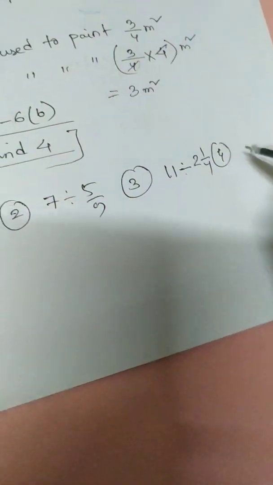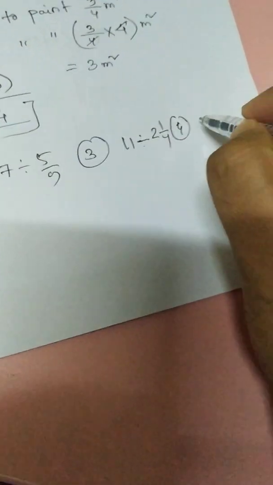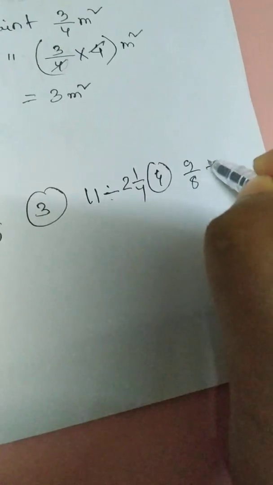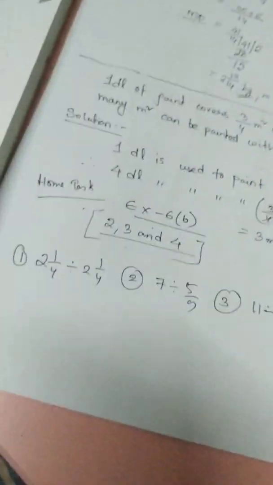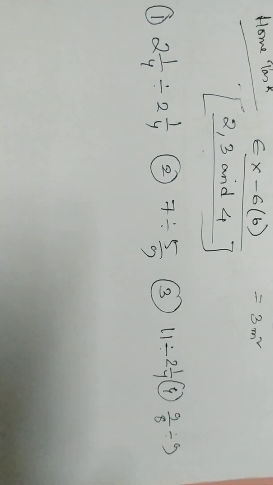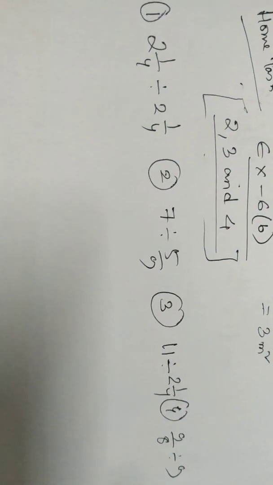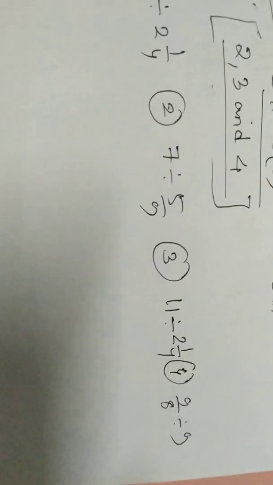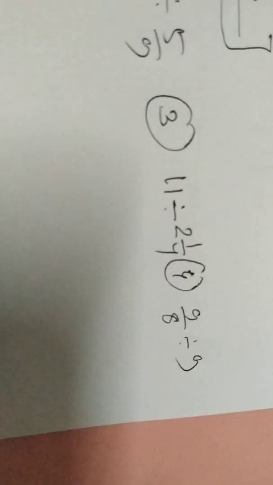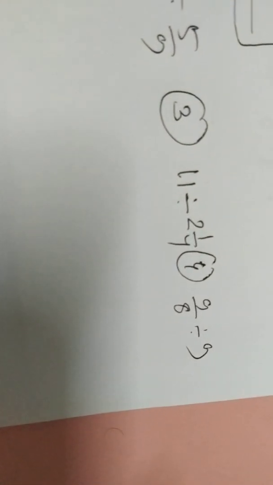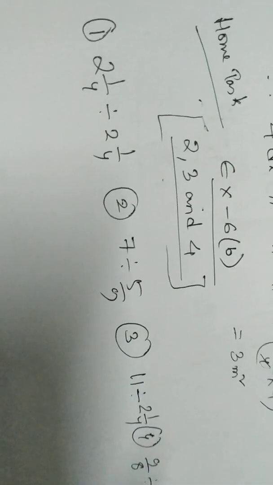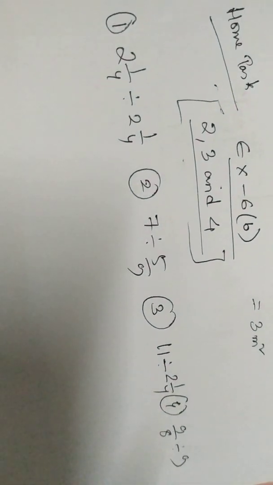And last one, 9 by 8 divided by 9. Okay, so try and solve this. Let's just make it more clear for you: 2 1 by 4 divided by 2 1 by 4, 7 divided by 5 by 9, 11 divided by 2 1 by 4, and 9 by 8 divided by 9. So try and solve these problems and please send it to me.